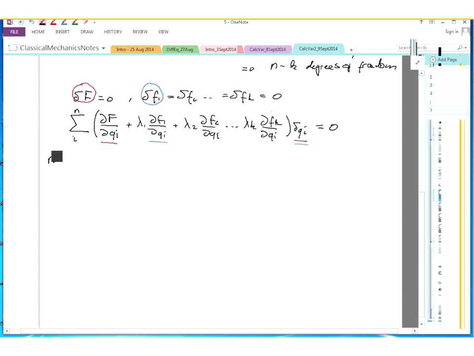So let's choose the nth term. That's ∂f/∂q_n plus lambda 1 ∂f1/∂q_n plus lambda 2 ∂f2/∂q_n, etc., lambda k ∂fk/∂q_n equals 0. And we can make k of these equations.